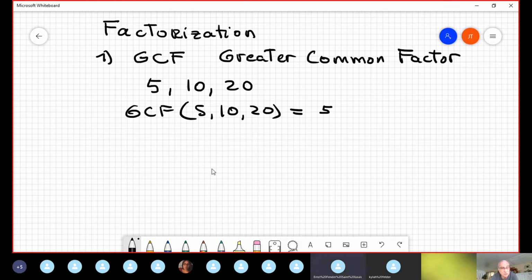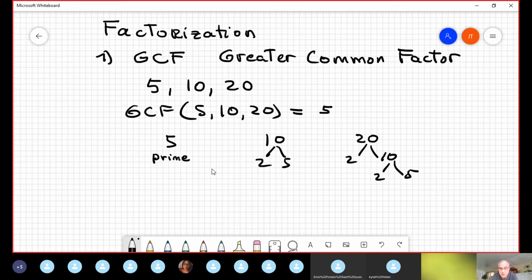However, sometimes it's not so easy to see directly, and the systematic procedure is you take the numbers one by one. You are doing the factorization. Well, 5 cannot be factored because 5 is a prime number, right? But 10 is 2 and 5, 20 is 2 and 10, and 2 and 5.